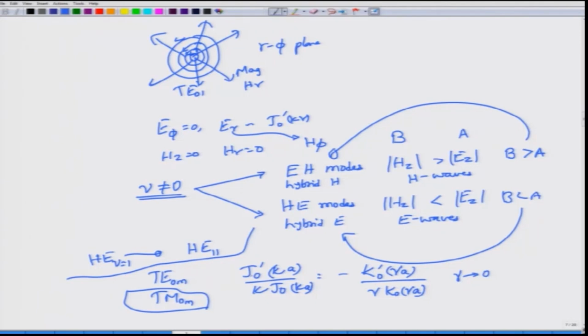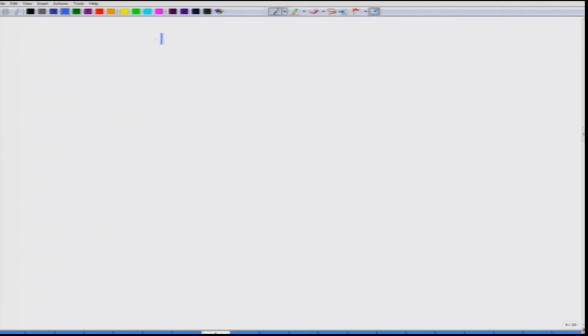And on the left hand side, if you want to match the left and the right hand side, the only way to do that would be to set this J0 kappa A equal to 0. So, for the TE0M mode, the cutoff frequency is given by J0 kappa A equal to 0, and the first such solution happens when kappa A equals 2.405.